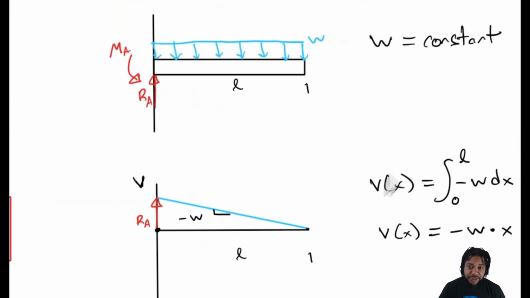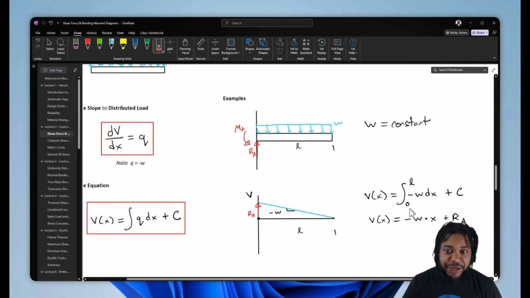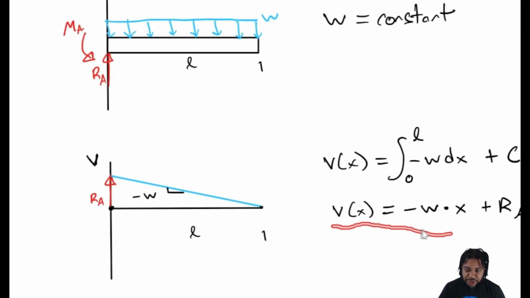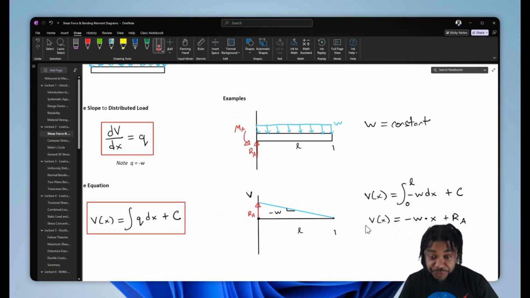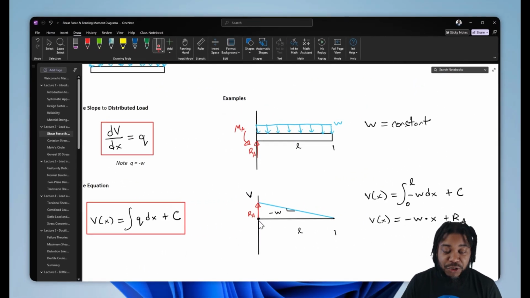So then if we take our example here where we have W, and we go ahead and do that integration, negative W in there from 0 to L, which is the length of the beam, and then we have a constant of integration, we can solve for the equation for the shear force diagram, where the shear force, V(x), is equal to negative W times x plus RA, which is our force of the support.